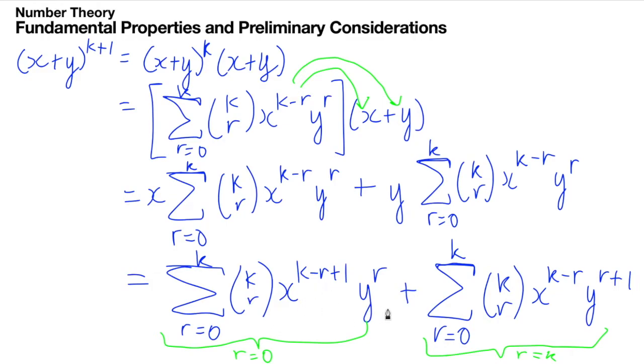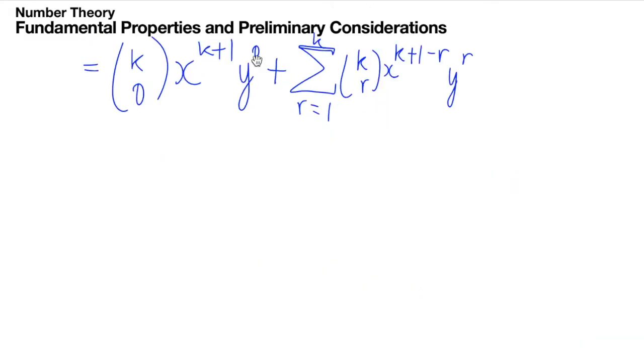In our second term, again, we're going to take the r equals k term. So we're going to get k choose k, since r equals k, x raised to k minus k, y raised to k plus 1.